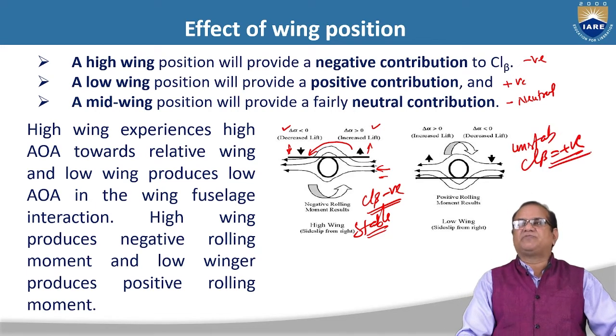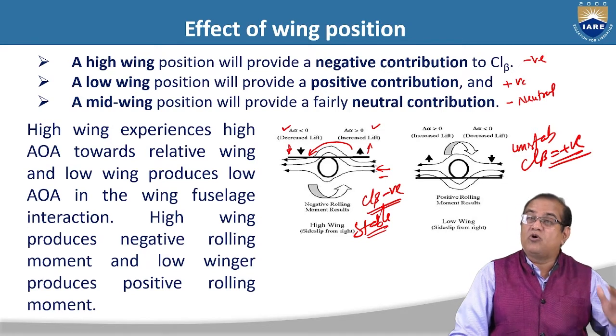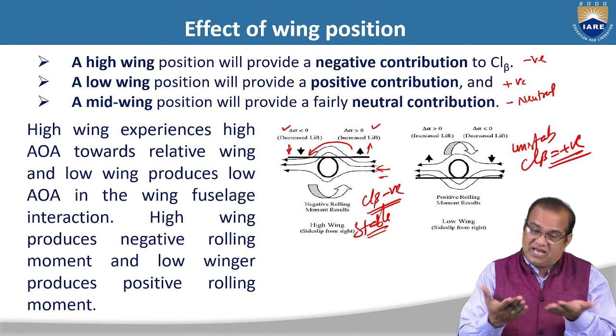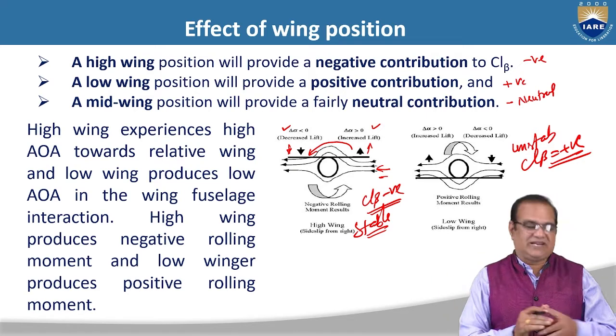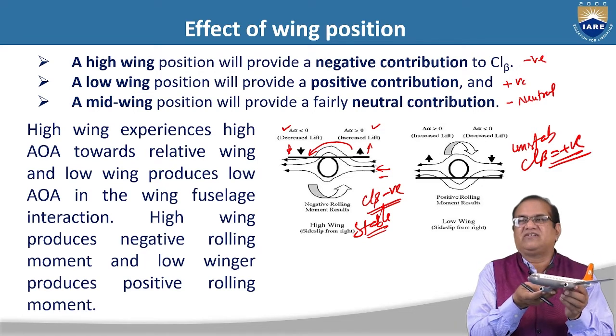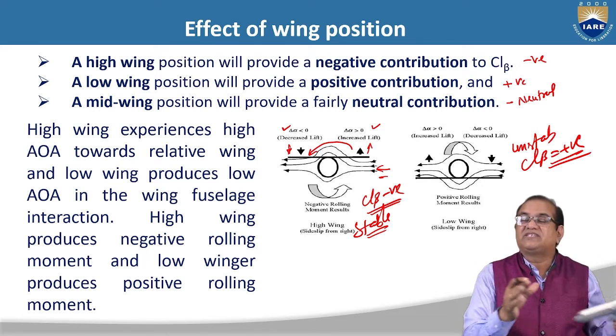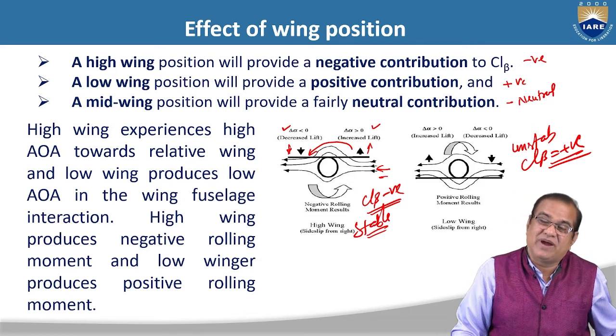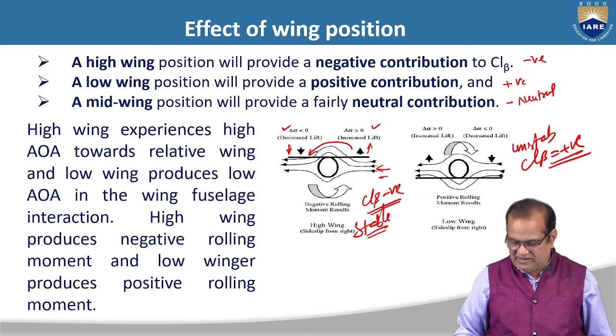If the CL beta is positive, it is unstable. So most fighter aircraft will have the lower side. Here also if you see Boeing and others, they also have the low wing, so that it is very easy to land during bad weather on the runway.